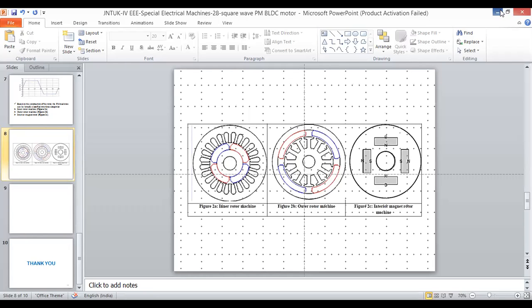For the torque produced in a motor, in general, a rotor flux and a stator MMF have to be present that are stationary with respect to each other. The rotor flux is the permanent magnet on the rotor. The rotor flux and the stator MMF, the magnetomotive force, have to be stationary with respect to each other, but with a non-zero phase shift between them.